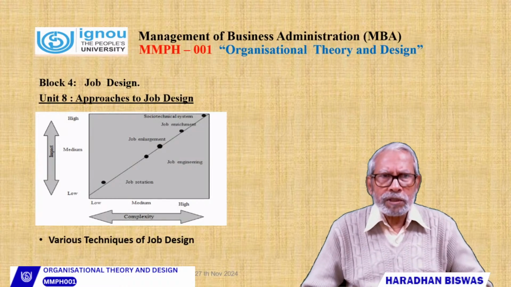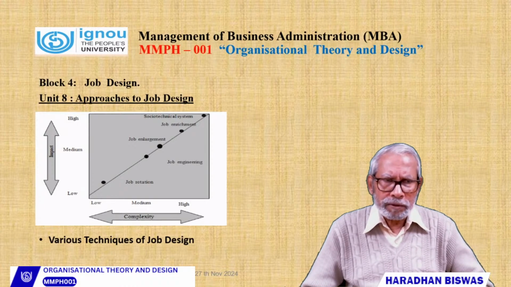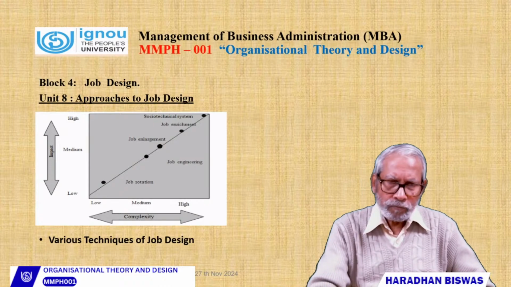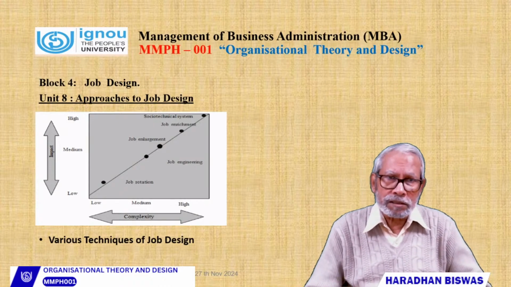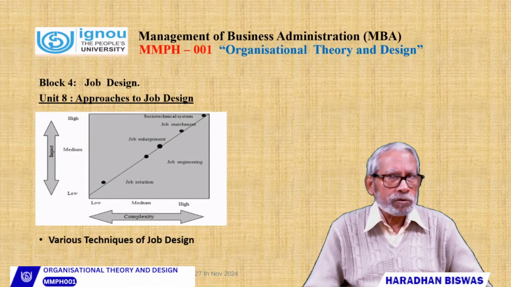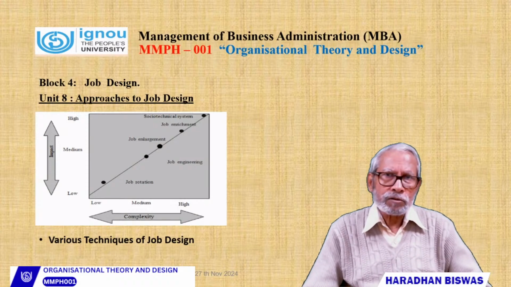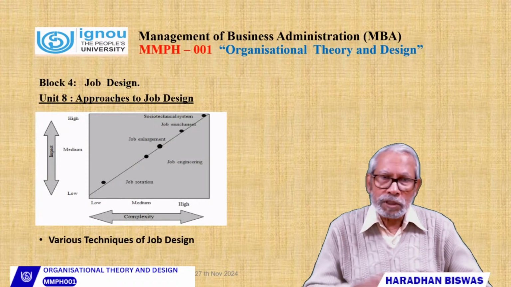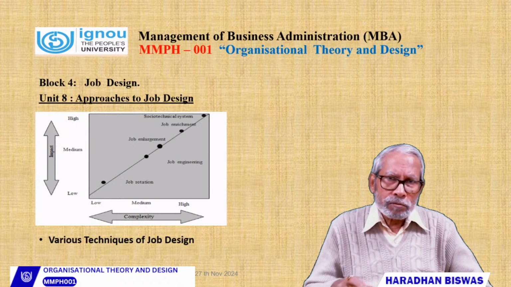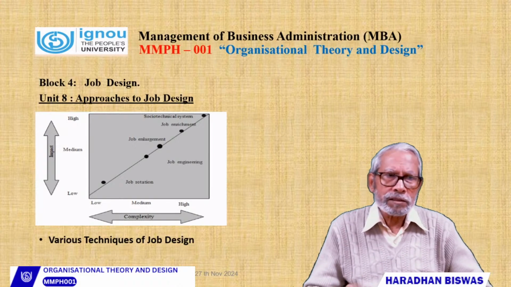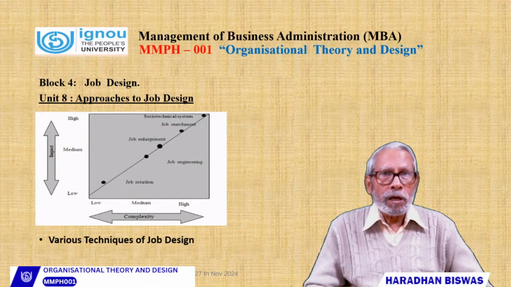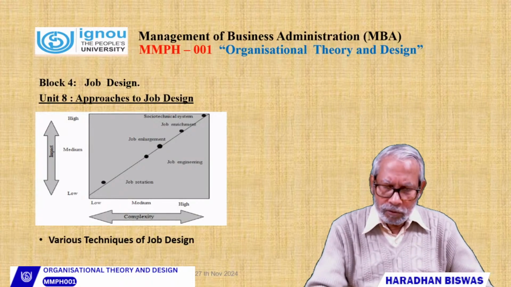So this is one of the approaches given, the various techniques of job design. Basically, you have to consider these things. The idea is, when you are designing the jobs, you assume that at this level, this type of impact and this type of complexity is likely to be there. So accordingly, you have to decide.